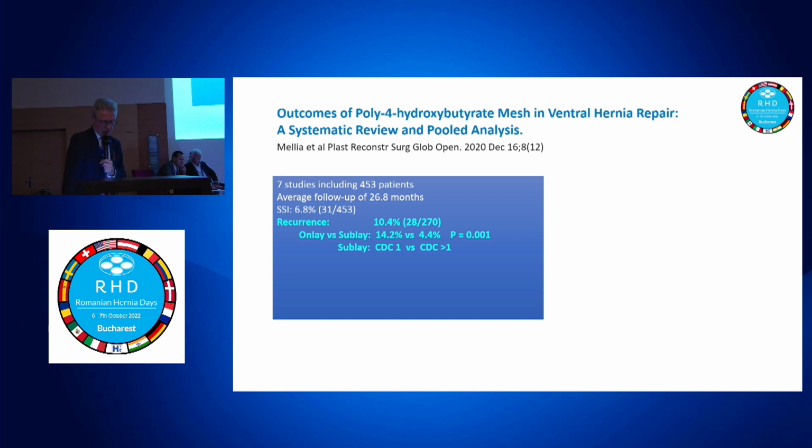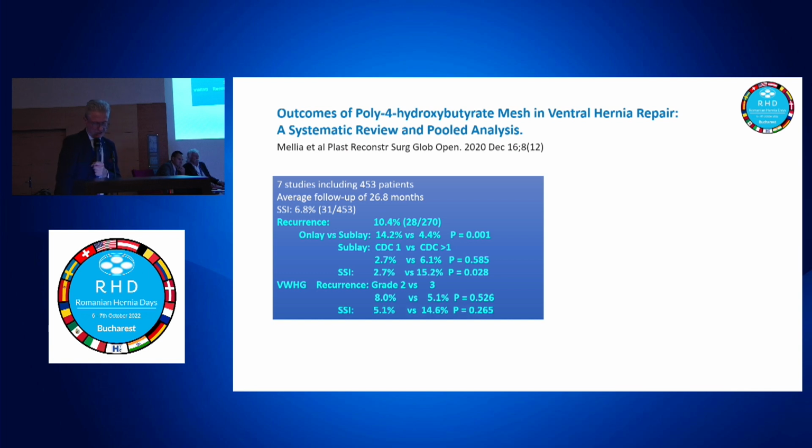Not only sublay versus onlay, but also looking at sublay with CDC 1 versus more than 1, meaning contaminated or potentially contaminated fields, 2.7 versus 6.1. This was also interesting. And surgical site infection rate 2.7 versus 15. And if you look at the recurrences, grade 2 versus grade 3, you had 8% versus 5.1. So the surgical site infection rate was not significant.